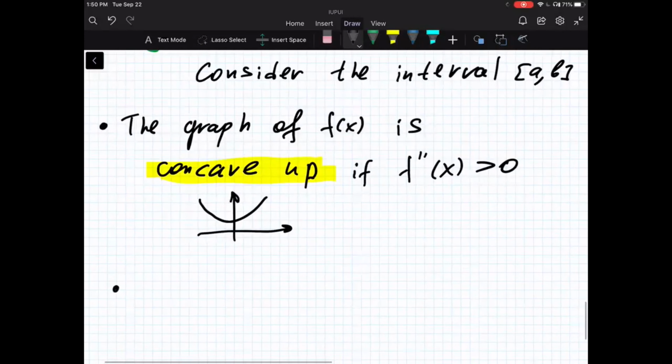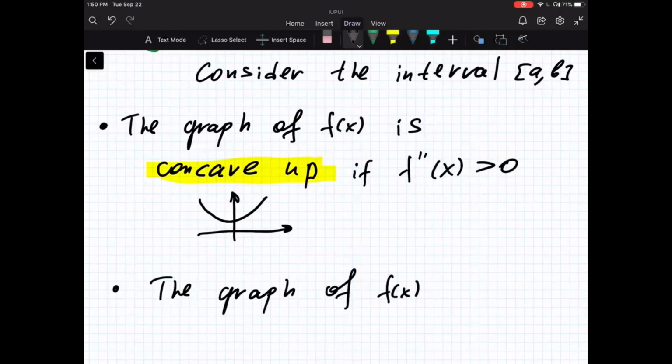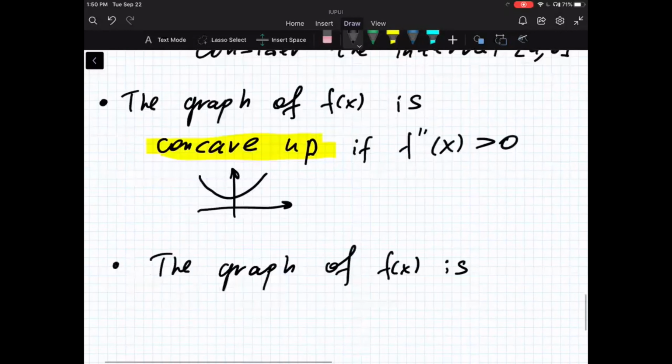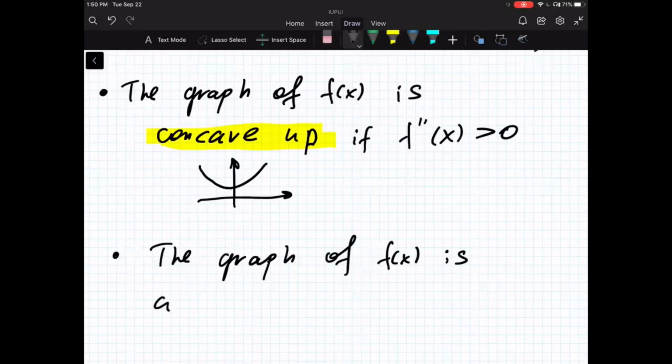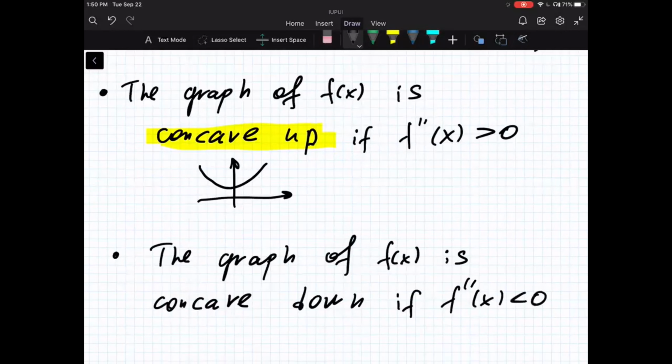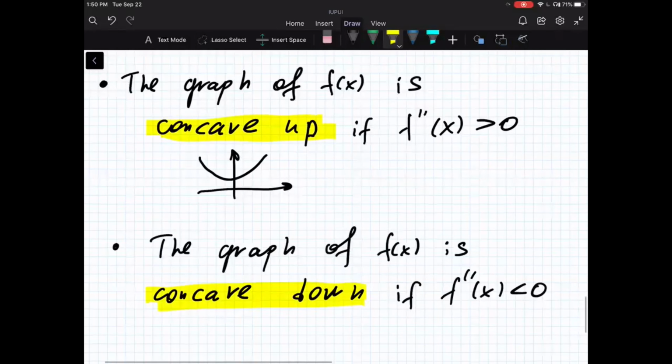While the graph of f of x is concave down if the second derivative is negative, again, down because it's below the tangent lines. That's how you can remember that.